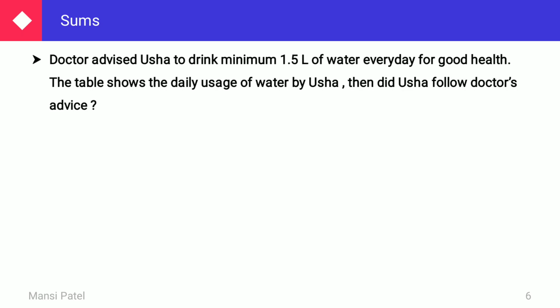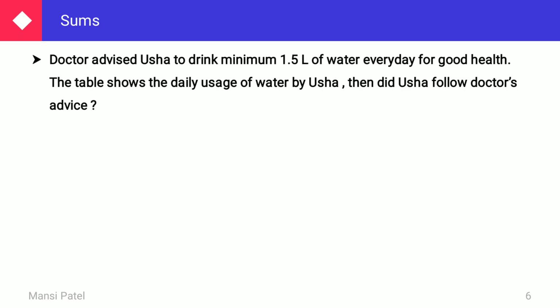Let us see one another sum. The doctor advised Usha to drink a minimum of 1.5 liters of water every day for good health. The table shows the daily usage of water by Usha.